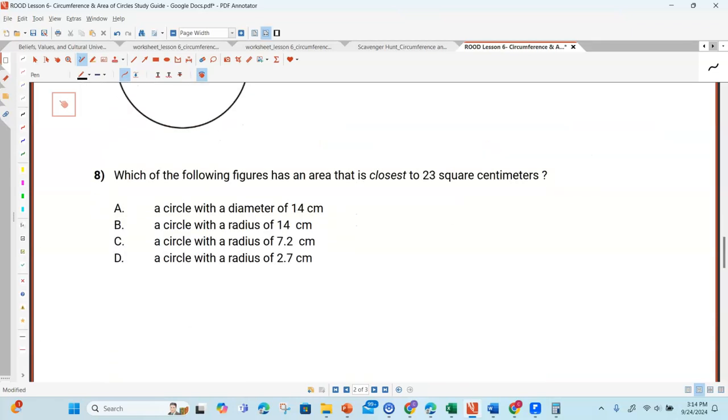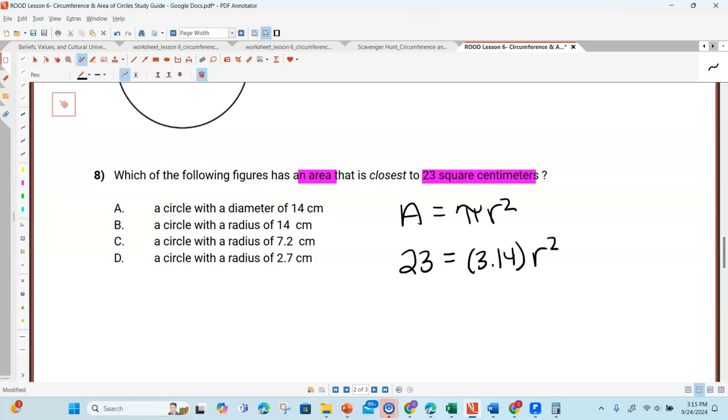Number 8. Which of the following figures has an area that's closest to 23 square centimeters? All right, area again is what we're finding, and 23 square centimeters. We could do this in a couple different ways, but area formula, area equals pi r squared. Area 23 square centimeters, so 23 is going to substitute the area, and then we have pi, which we're going to substitute 3.14, r squared.